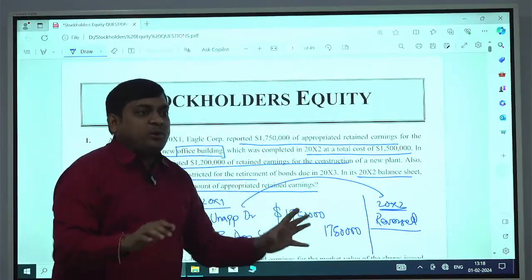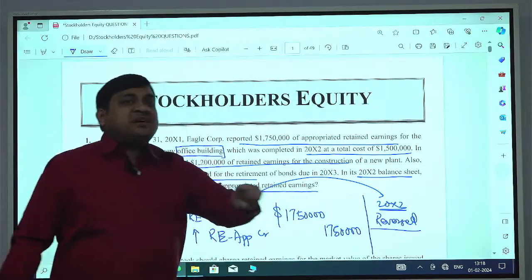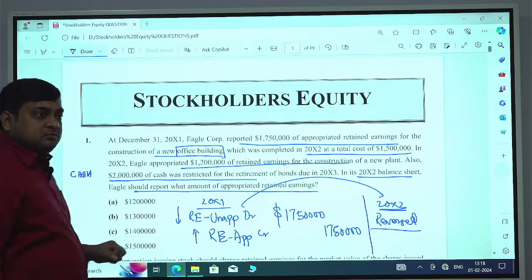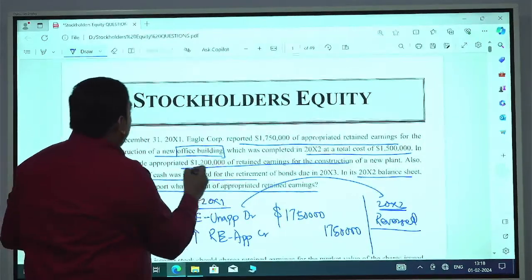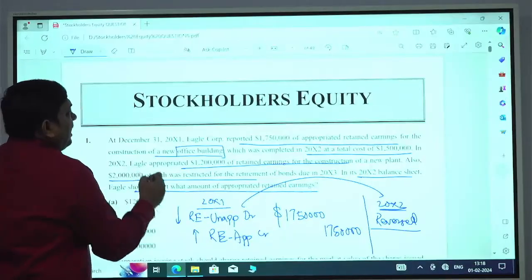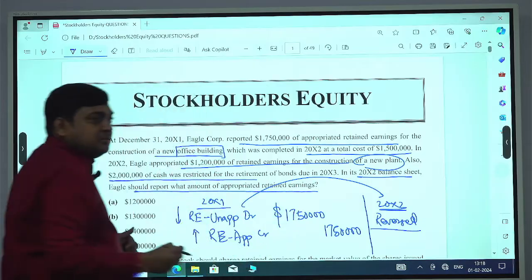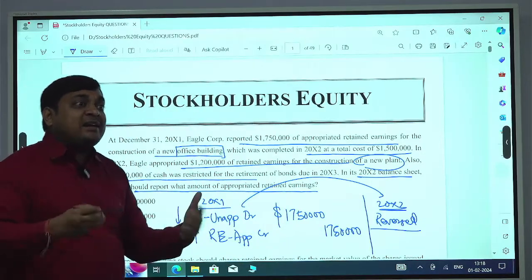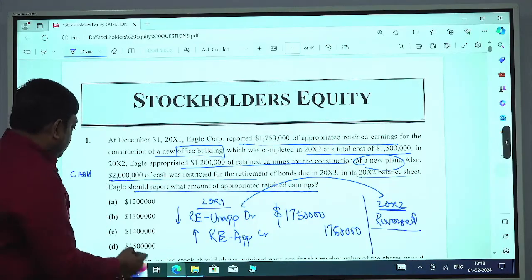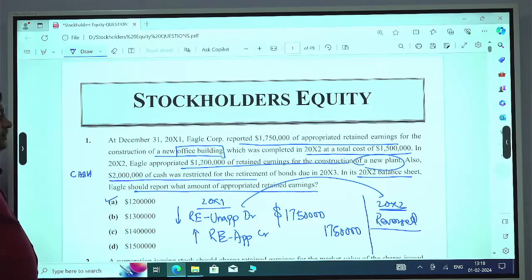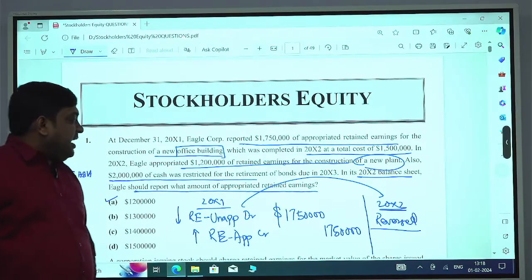It is not a part of appropriated retained earnings. So after this reversal, what is the appropriated retained earnings balance? 0. In the current year, 12 lakh more I have appropriated for construction of a new plant. So this is my new appropriated retained earnings balance. Yes or no? So option A is correct.